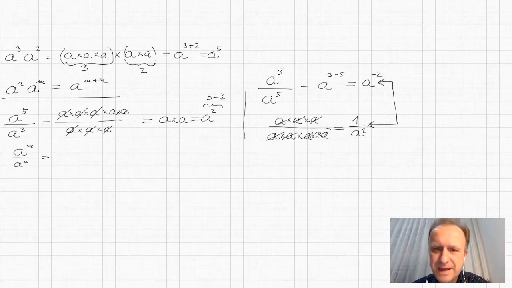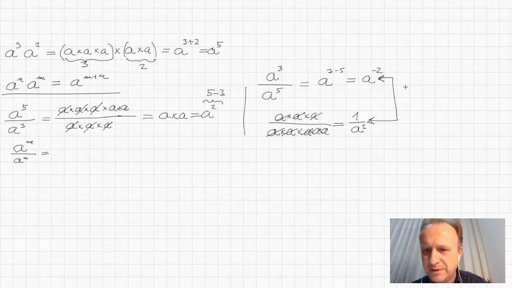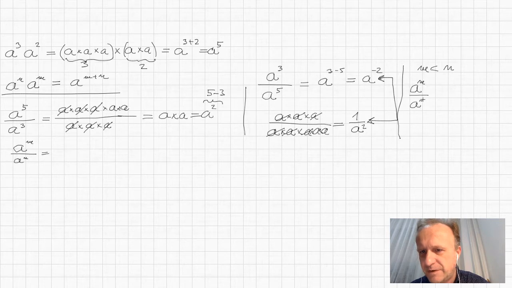So in case m is less than n, you get a power with a negative exponent, and the meaning of this power with a negative exponent is that it's a fraction 1 over something. So to generalize, imagine that m is less than n, and then a to the power of m divided by a to the power of n is a to the power of m minus n, which is the same as 1 over a to the power of n minus m.